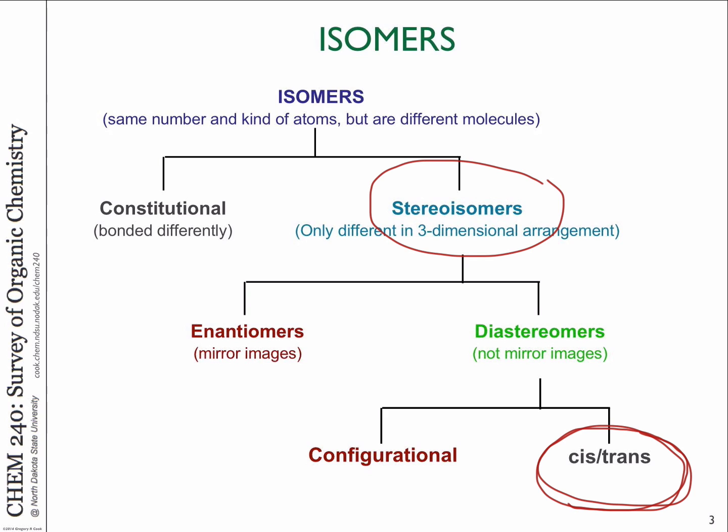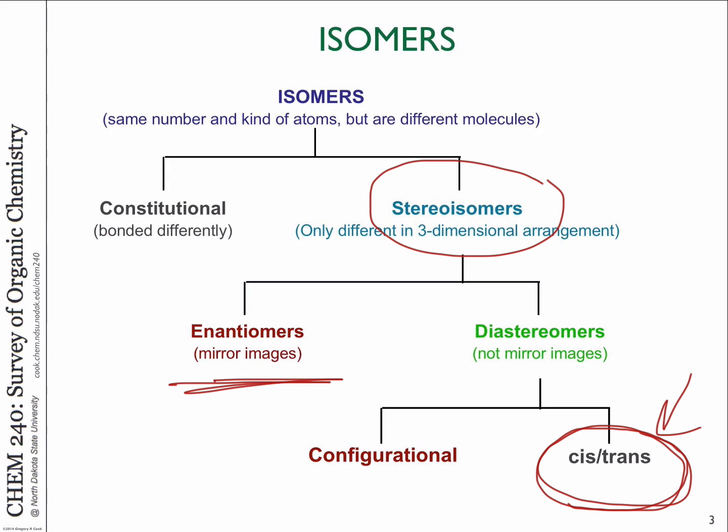Okay? Notice that those are not chiral molecules necessarily, cis-trans double bonds. There's no asymmetry in terms of its mirror image, but it's a diastereomer because a cis and trans double bond are 2 different stereoisomers that are not mirror images. That's the definition of a diastereomer.